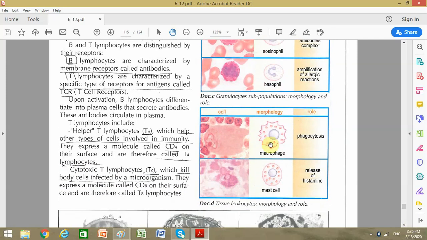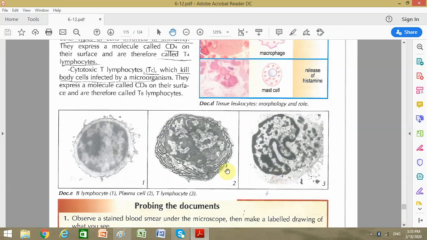Monocytes, which transform into macrophages, play a role in phagocytosis, while mast cells are the sole players in the allergic reaction. Now, B and T lymphocytes have a large nucleus which fills almost all of their cytoplasm. The B lymphocytes have on their membrane a receptor called immunoglobulin or antibody.